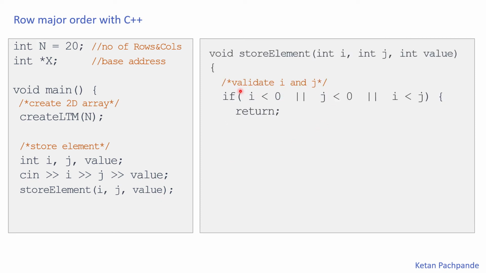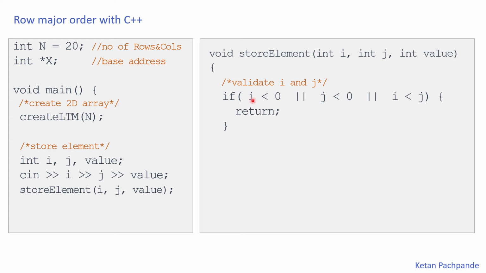All right. So first of all, I want to validate the comparison of i and j. So if the i value is less than 0 or j value is less than 0 or i is less than j.